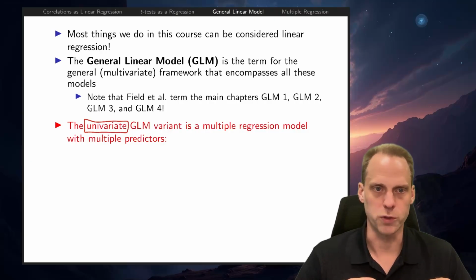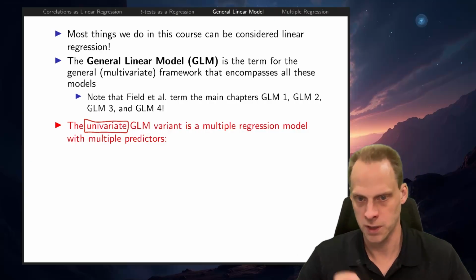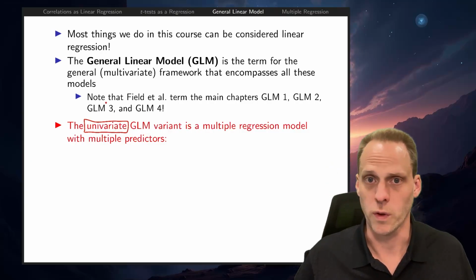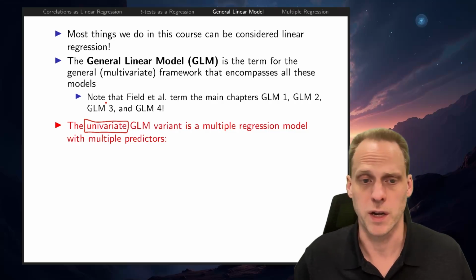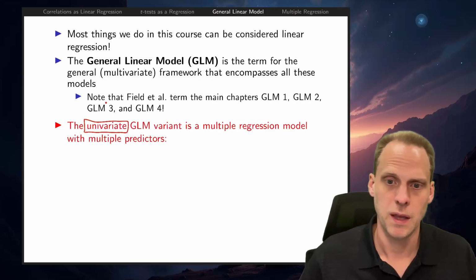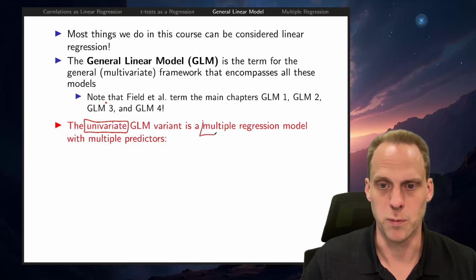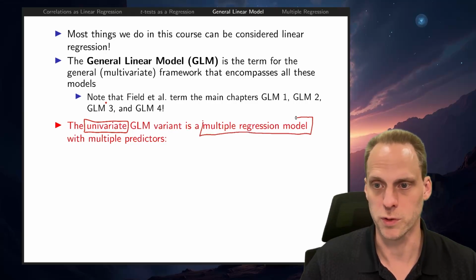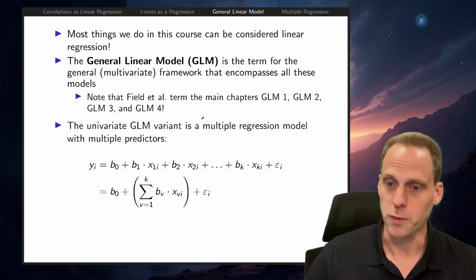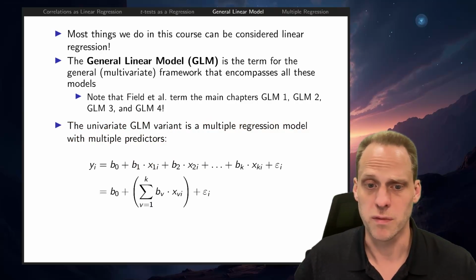That's also included in the GLM model. And then we can do tests to see if people differ at the same time on 3 different variables. When we only have one dependent variable, we talk about univariate GLM. In this case, GLM is actually the same as a multiple regression model. Multiple regression model means that we have multiple predictors.